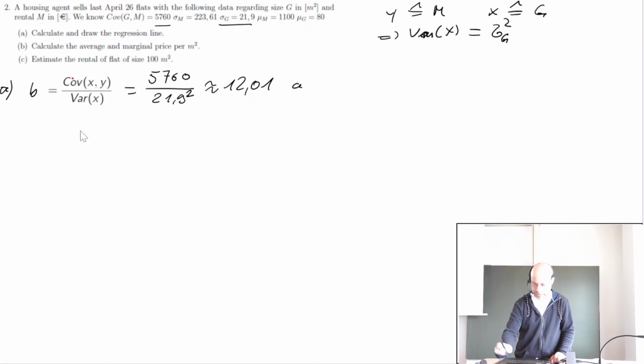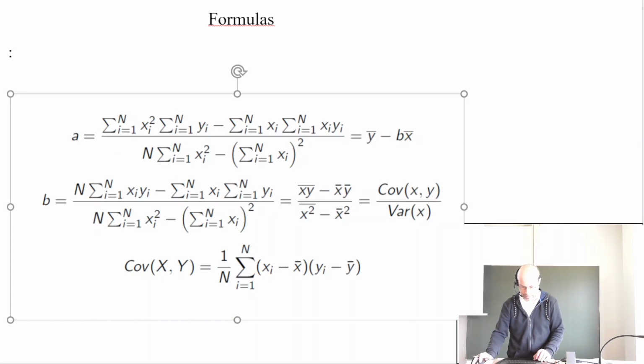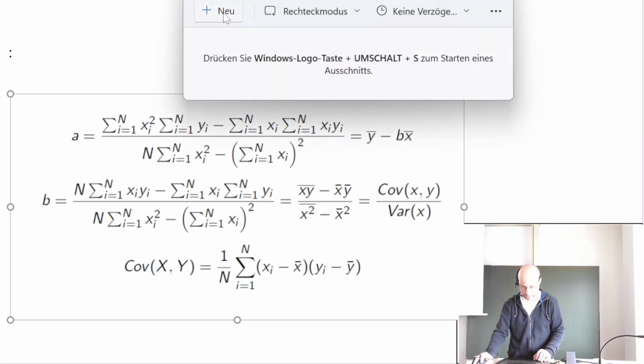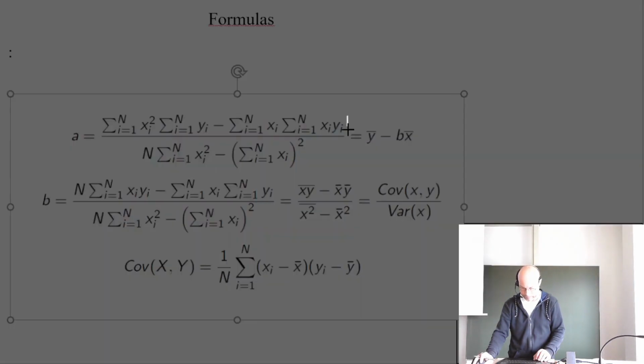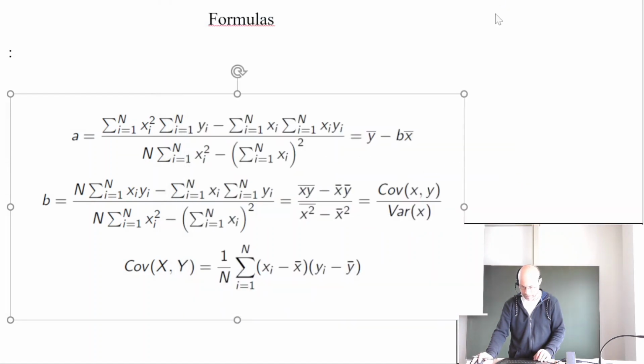So how can we calculate A from our data? Again, let's go into the formulas, and there we have this one. Copy.